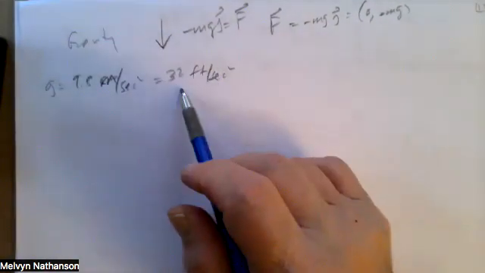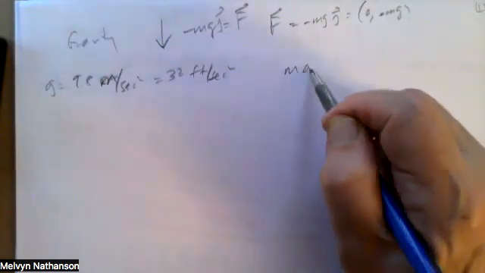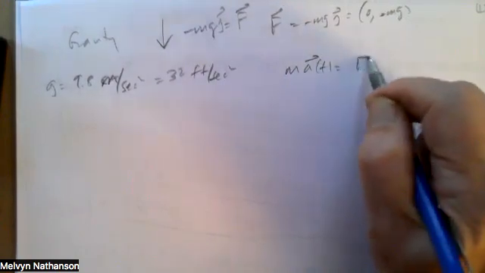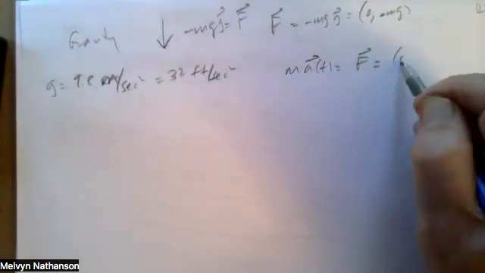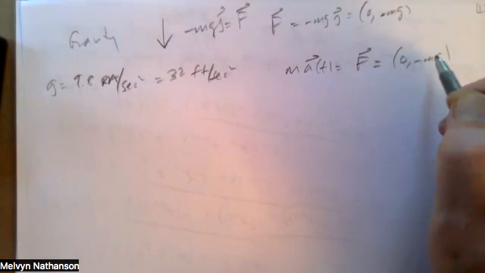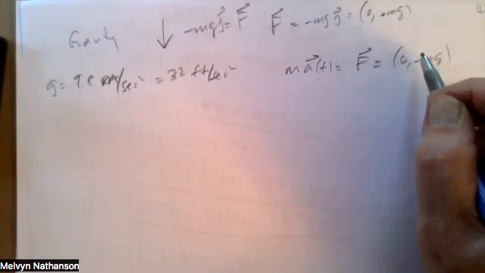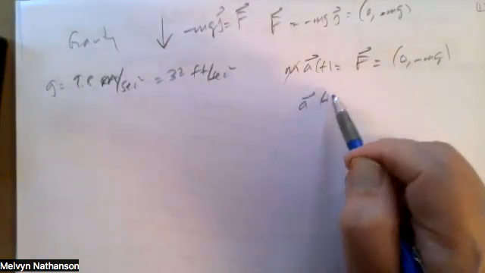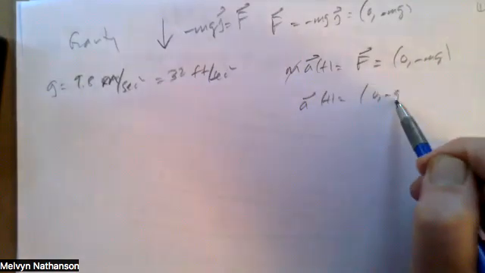So Newton's law, when the force is gravity, says mass times acceleration at time t is the force, which is 0 minus mg. You can cancel the mass, and you get the acceleration is 0 minus g.